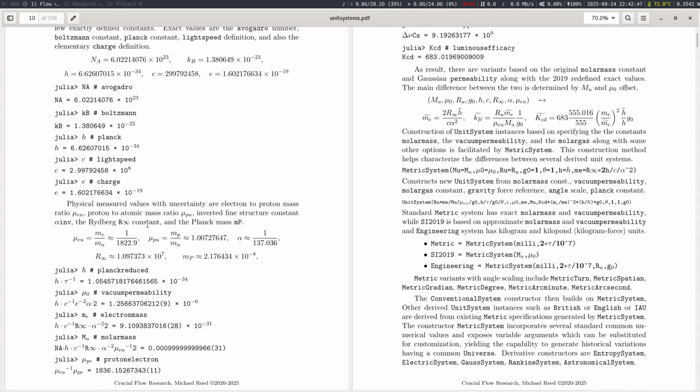Physical measurement values with uncertainty are the electron to proton mass ratio, the proton to atomic mass ratio, the inverted fine structure constant, the Rydberg constant, and the Planck mass. So that's more building blocks.